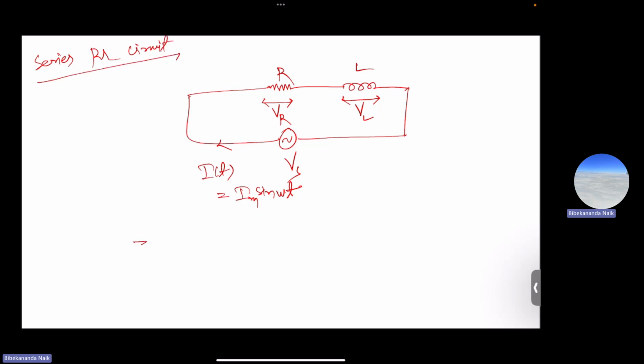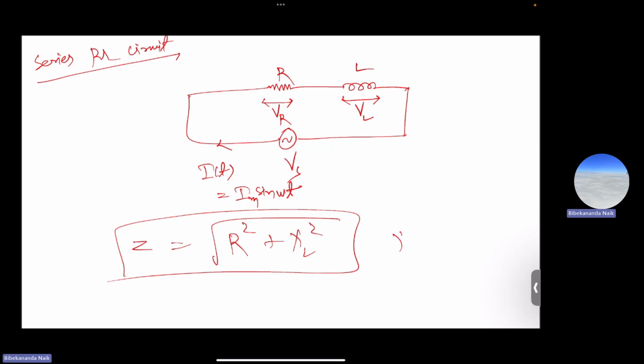The total impedance will be Z equals square root of R square plus XL square, where XL is omega L, and the phase tan phi will be XL by R.